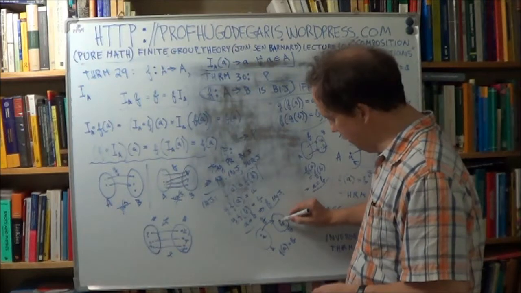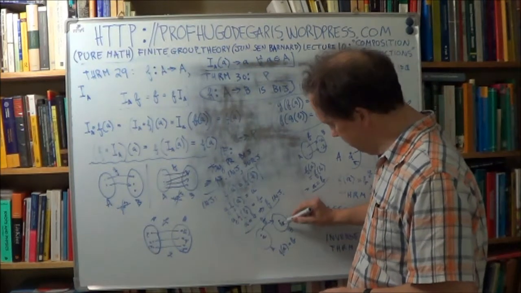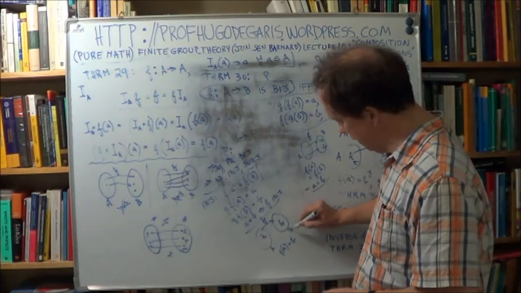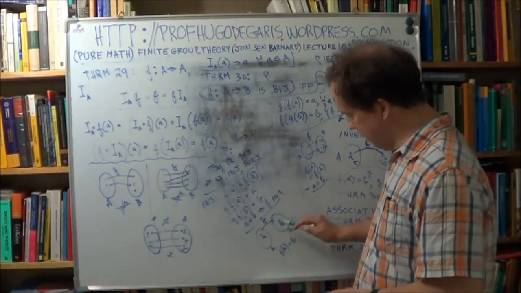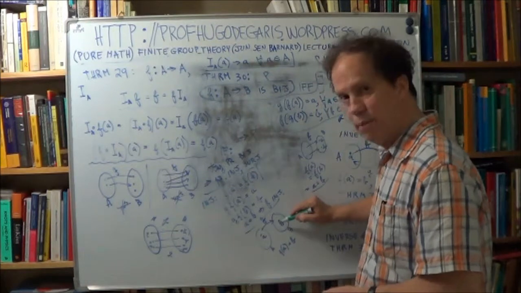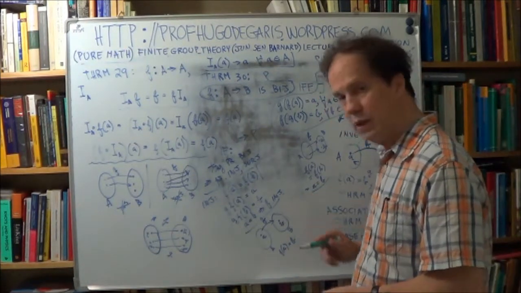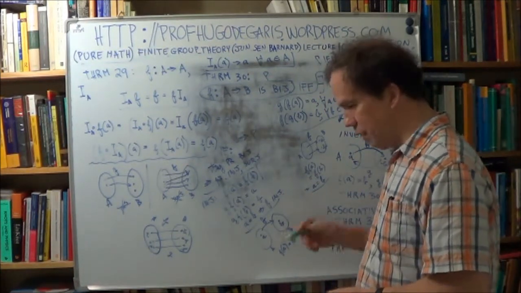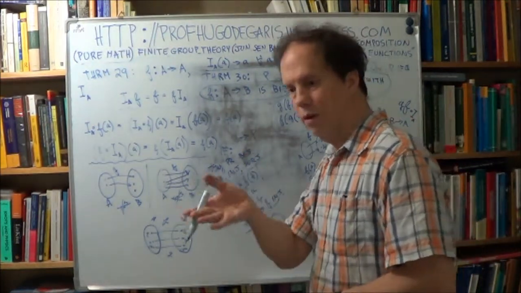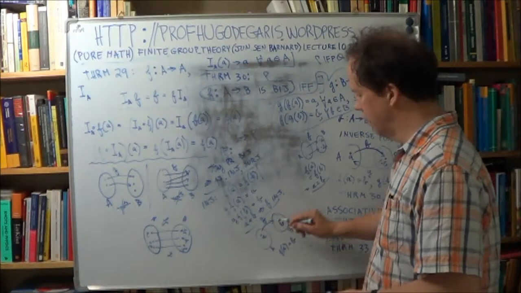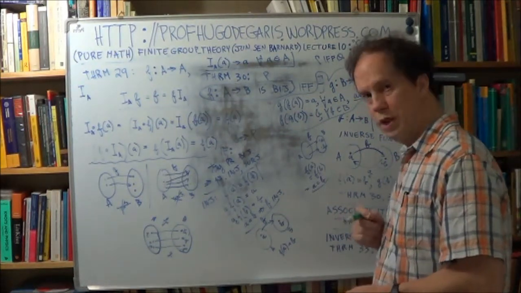That means that every element, little b, in your big set, your codomain, big B, every element here gets mapped to, at least once. And by definition, that means this f is surjective. Surjective means onto, so it's an onto function, or a surjective function.